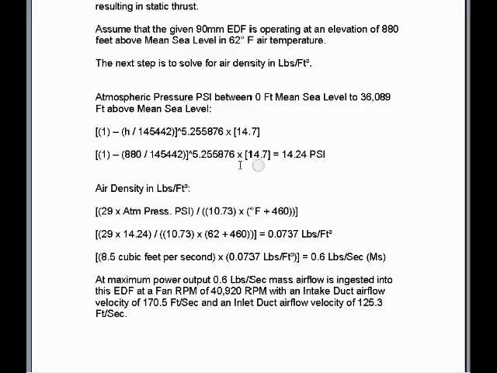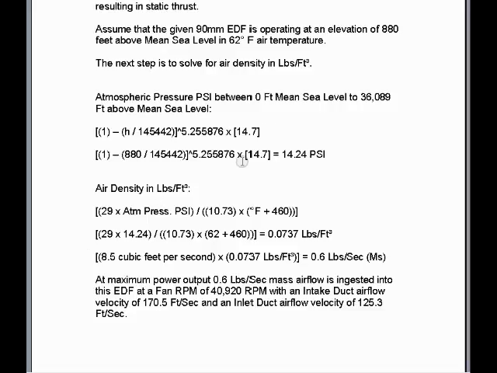So we can go and access the atmospheric pressure in pounds per square inch formula between mean sea level and 36,089 feet above mean sea level using this formula here, simply entering in 880, dividing it by this value, subtracting it from 1, this entire quantity then taken to the 5.255876 exponential power. Then whatever that value equals, multiplied times 14.7. So at 880 feet above mean sea level, the atmospheric pressure will be 14.24 pounds per square inch.